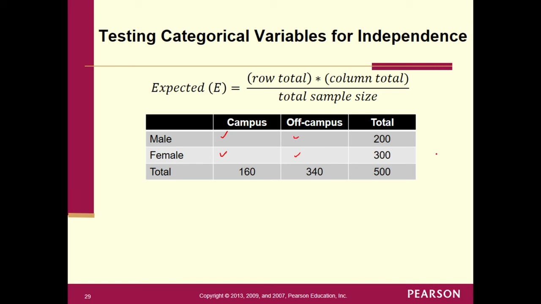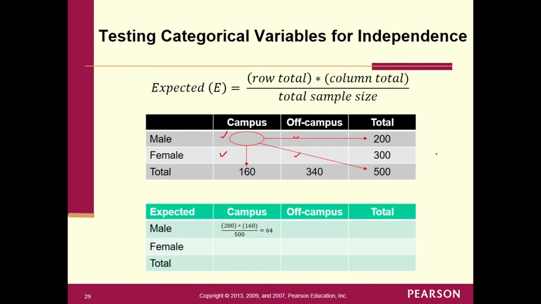So let's start with this one right here. What do we got to do? We got to go to its row total, multiply it by its column total, and divide by what? Its total sample size. So what do you get? You get 200 row total times column total of 160 divided by 500, you get 64. So that is the corresponding expected cell count.